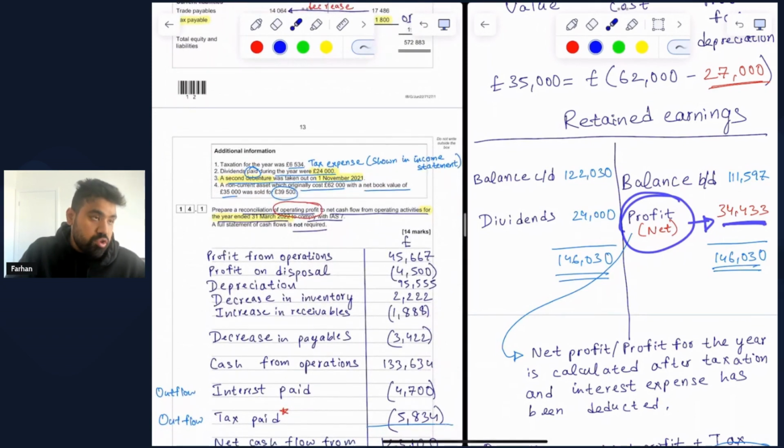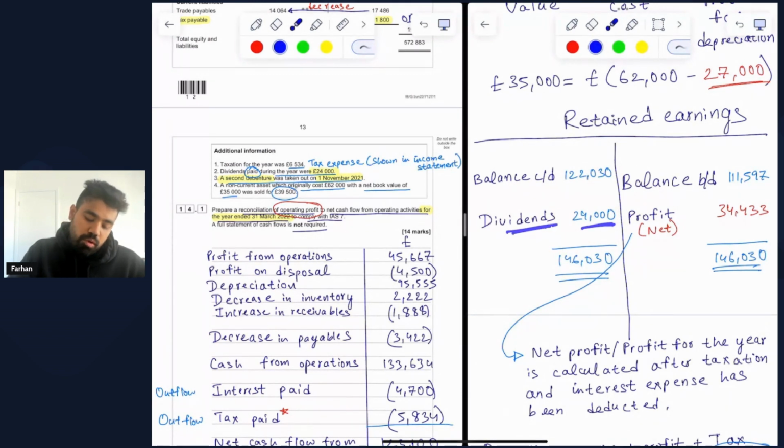Additional information number 2 clearly says that dividends paid during the year were £24,000. And like we have discussed a while ago, dividends are paid out of profits, which means dividend payout would result in a reduction in the balance for an equity account, or the reduction in the balance for retained earnings, and is therefore debited.